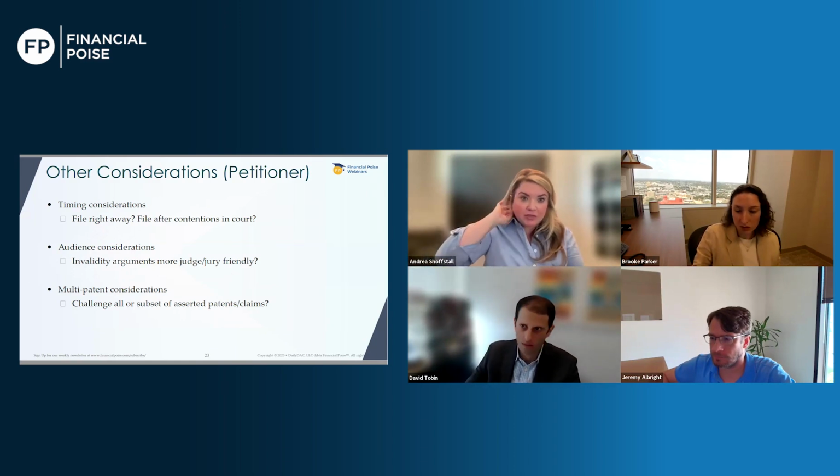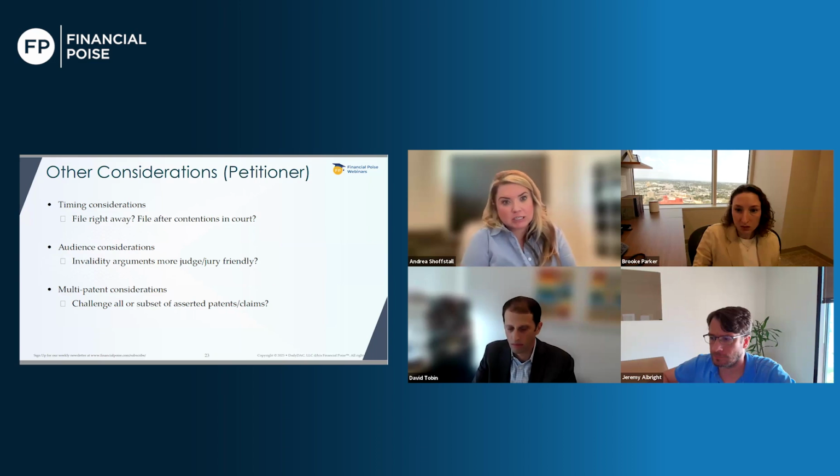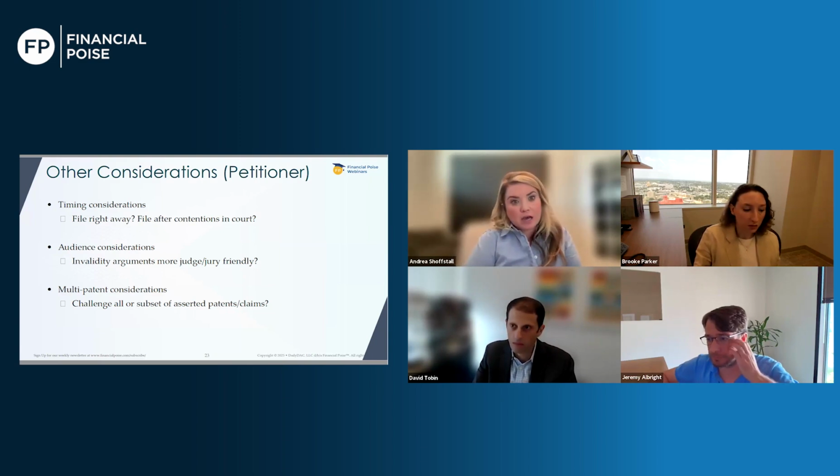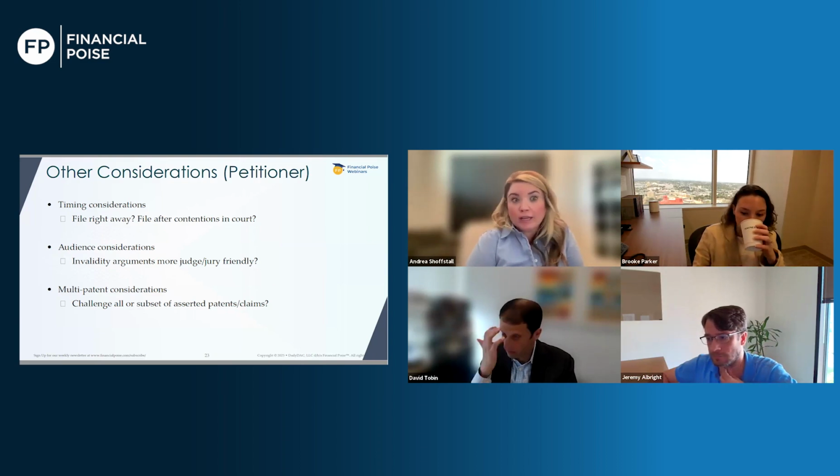Yeah, I would just mention, coming back to the motion to stay issues that we discussed, part of that consideration, the last bullet point, the multi-patent considerations, certainly part of the thought process and the strategy would be: is your goal to get a stay?